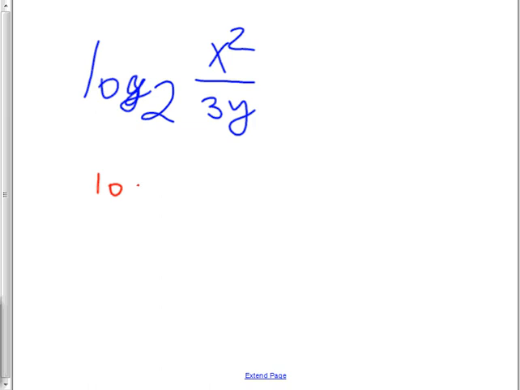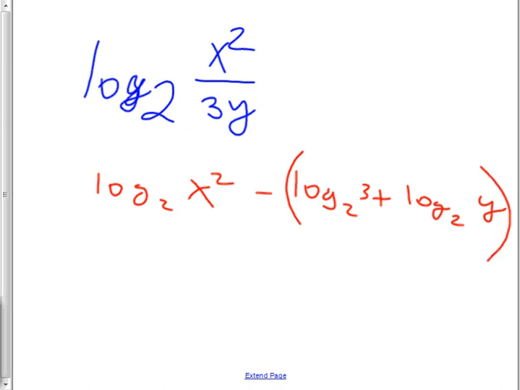All right, so the next one here was an expand. So we're saying log base 2 of x squared. I know I'm not done yet. Plus, no, minus because it's a divide, log base 2 of 3y. But I'm going to be smart and split it up right away, so plus log base 2 of y. Now, what's the one last thing I need to do? Yes, this part should be in parentheses.